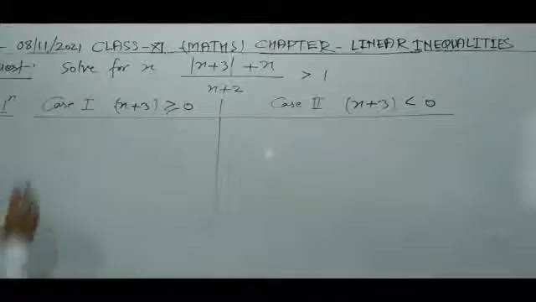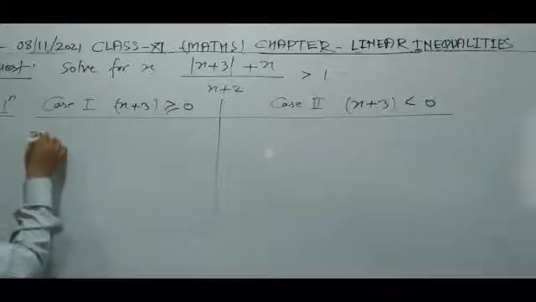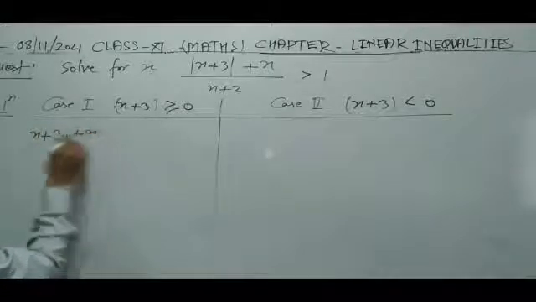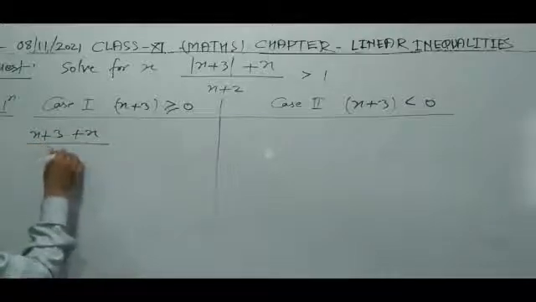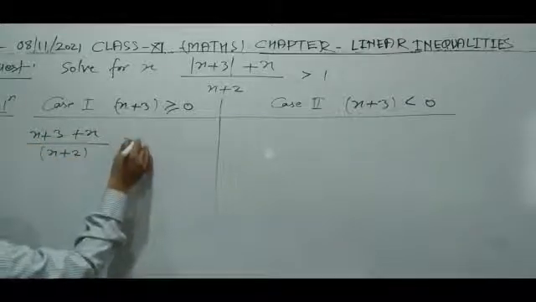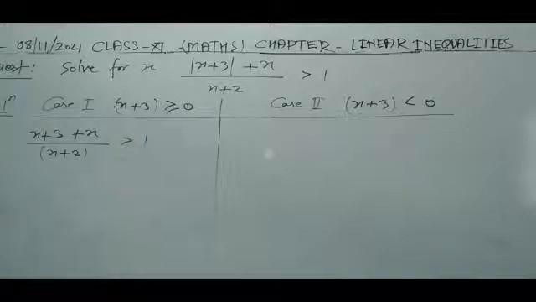When you consider x + 3 greater than 0, the expression will be x + 3 + x upon x + 2 greater than 1.